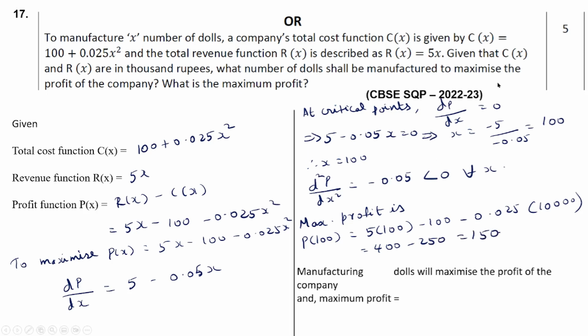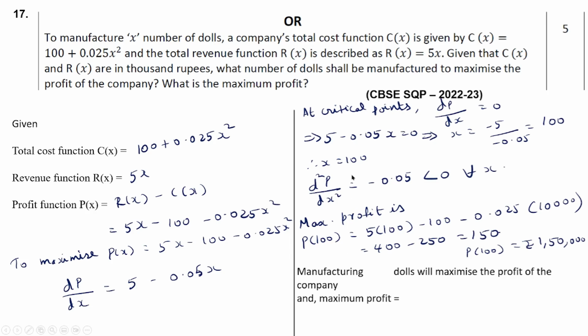And here it is given the cost function and the revenue function are in 1000 rupees. As a result, the profit is 150 followed by 3 zeros, so it is 1,50,000. It is rupees 1,50,000.